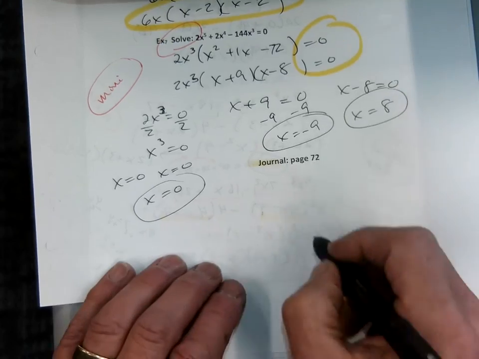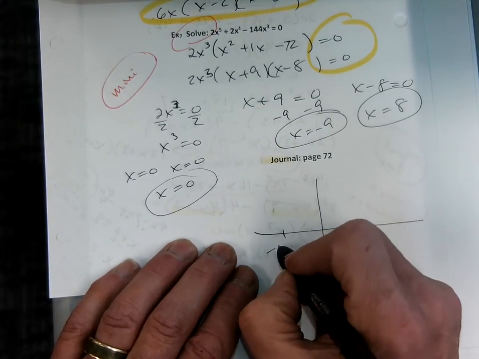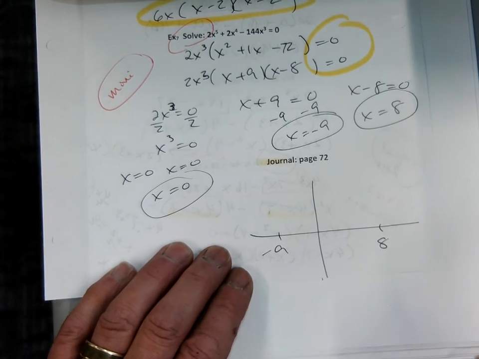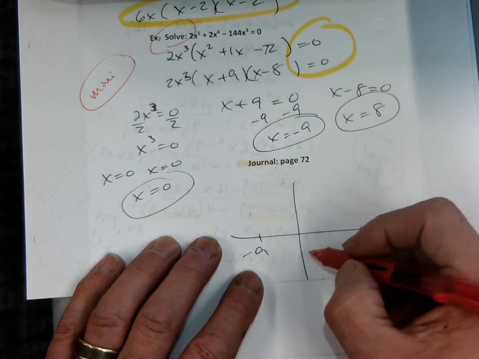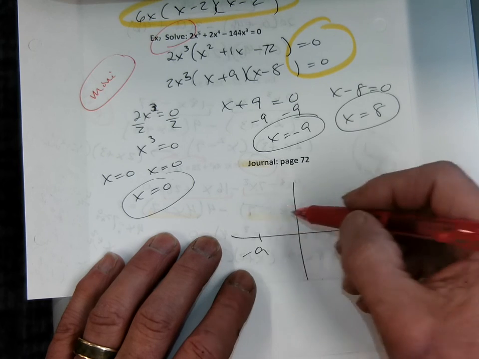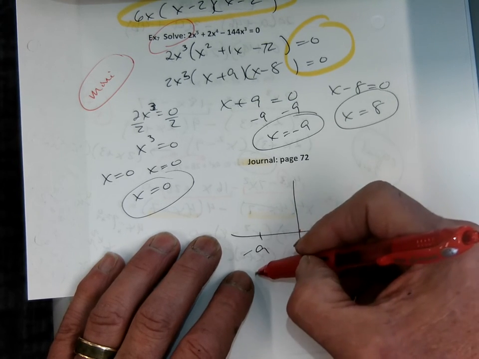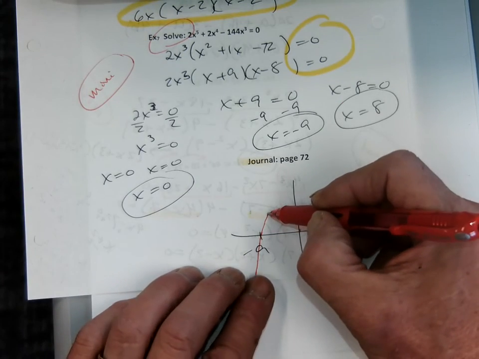Okay, Tava, the graph looks something like this. I want you to watch what I'm going to do, okay? It's going to go something like this. It goes through negative 9, because that's one answer. Scott, what you said is completely right.